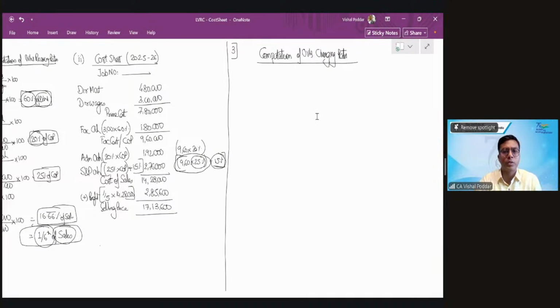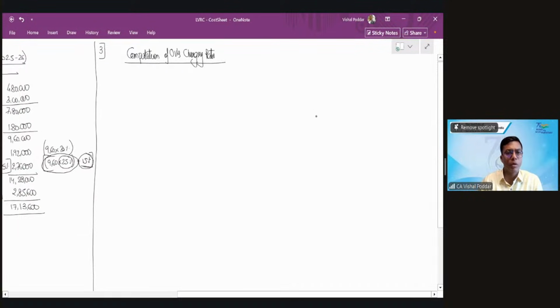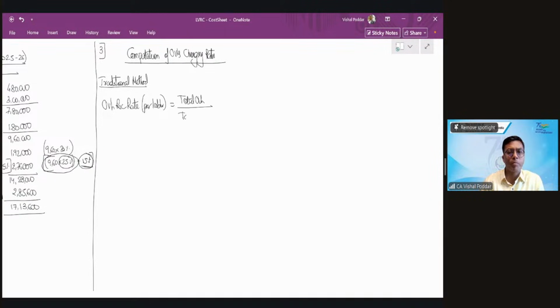First, in case of your traditional method, your charging rate will be the overhead recovery rate, which will be per labor hour. So it will be your total overheads upon total labor hours. This is your first working, students.